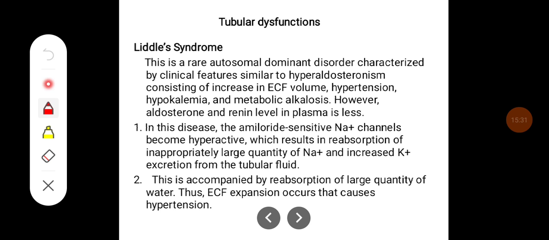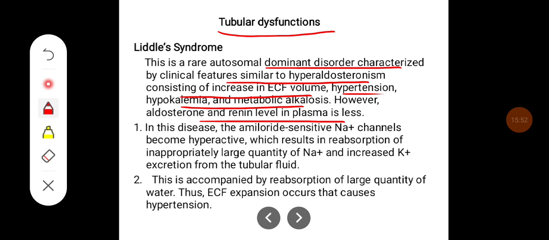Coming to the tubular dysfunction, Liddle syndrome. This is a rare autosomal dominant disorder characterized by clinical features similar to hyperaldosteronism, consisting of increased ECF volume, hypertension, hypokalemia, and metabolic alkalosis. However, aldosterone and renin levels in plasma are low.